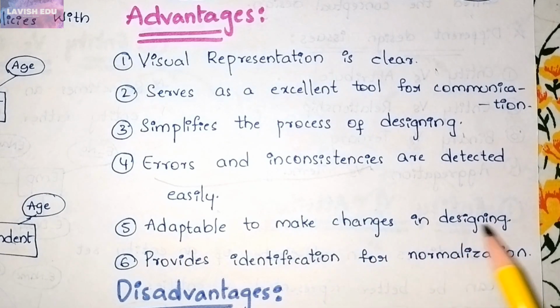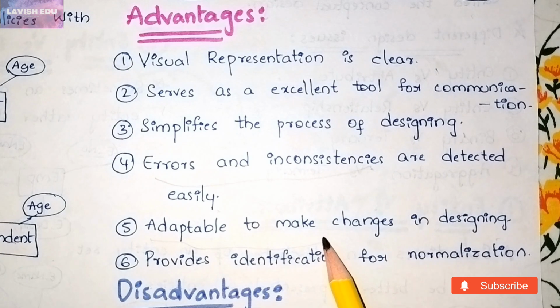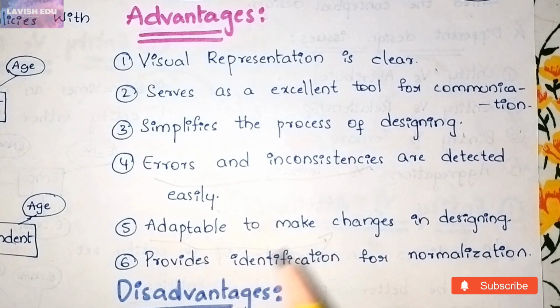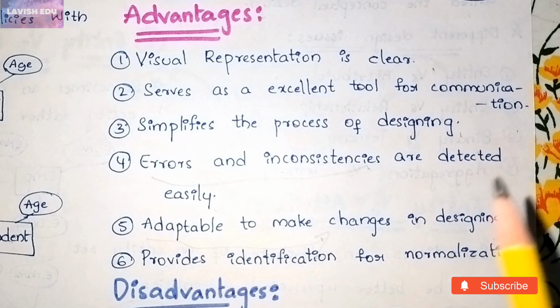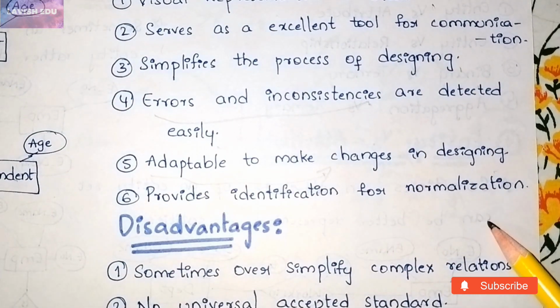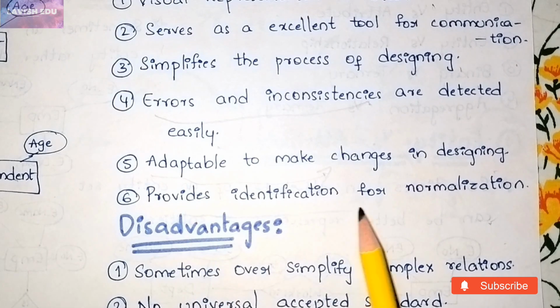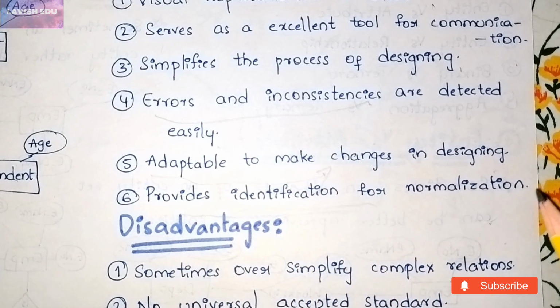And it is adaptable to changes in designing, that is, if we make any changes, then it is adaptable, with no need to make any data structure change again, that means no need to change the application program again. Next, it provides identification for normalization. So it means conceptual design helps us in the normalization process as well.